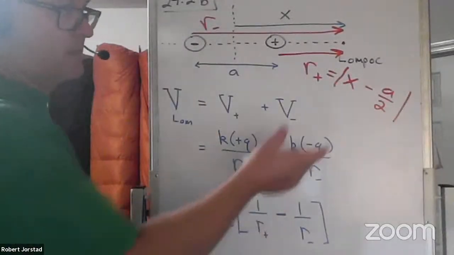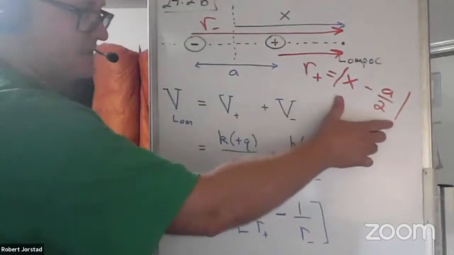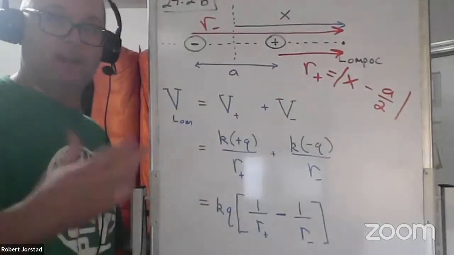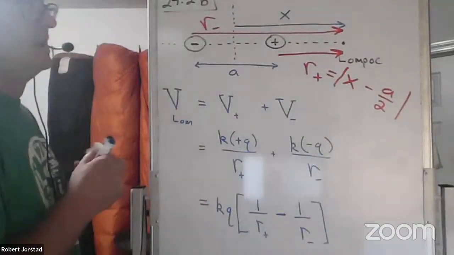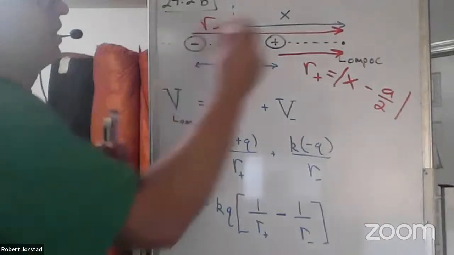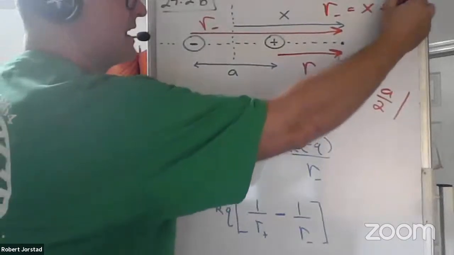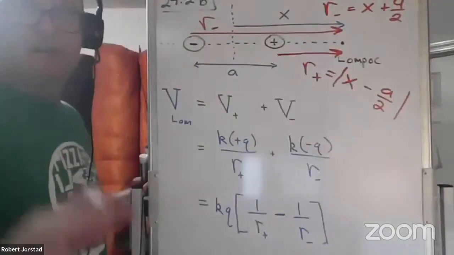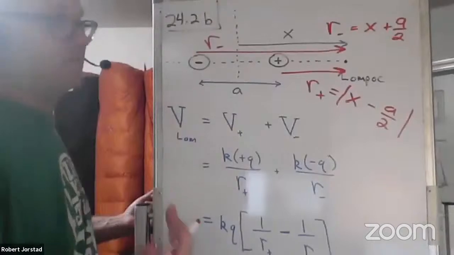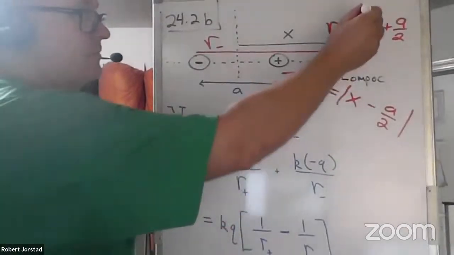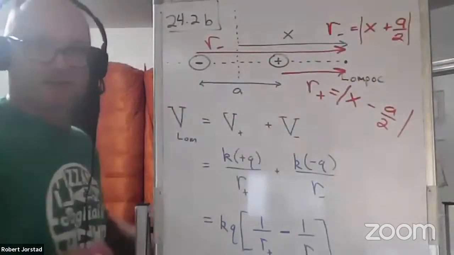In general, if we want to make sure something is a distance, you could always slap absolute values on, like if you had to make a code. Enough said. All right, how about over here? R minus is going to be X plus A over 2. And again, if we wanted to make sure this was going to work out, we should slap some absolute values on that.